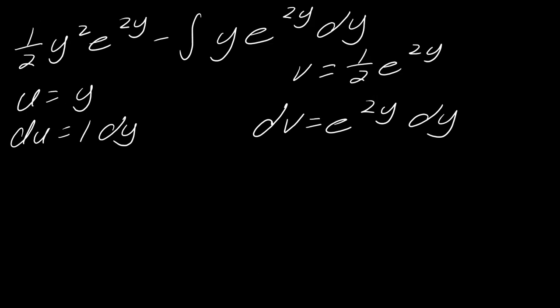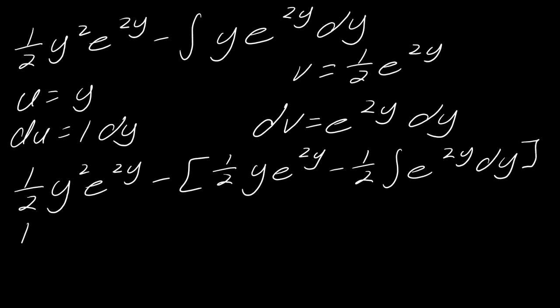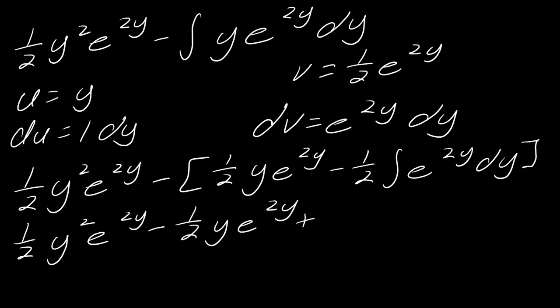Okay, so 1/2 y squared e to the 2y, and then I've got my uv, so that's 1/2 y e to the 2y minus my v du. I'll bring out the 1/2 again, minus 1/2 v, so it's e to the 2y dy. Okay, and so now I can finish this: 1/2 y squared e to the 2y minus 1/2 y e to the 2y plus 1/4 e to the 2y plus c.